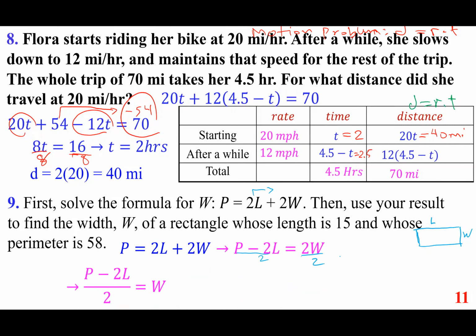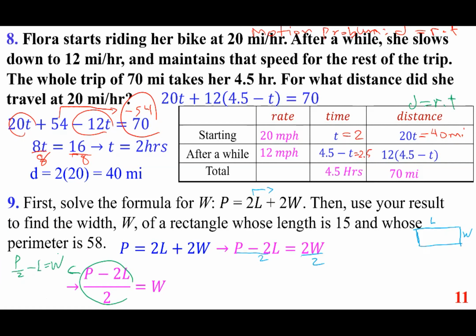This is what we get. Now, before we move on, it's very important to know we can't cancel these two. Sometimes that happens with students. What you can do, and you don't have to, this is also equal to two fractions, P over 2 minus 2L over 2, or L. So you could write it in this fashion.